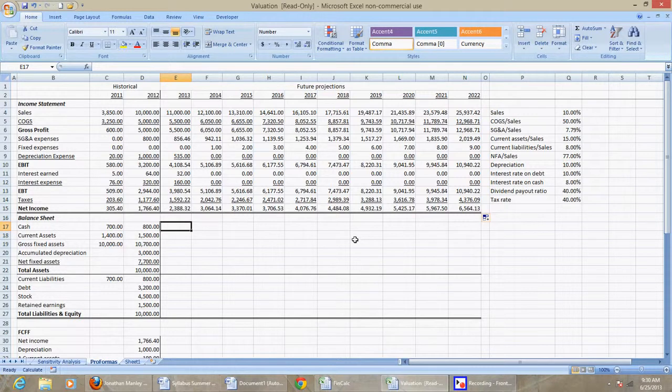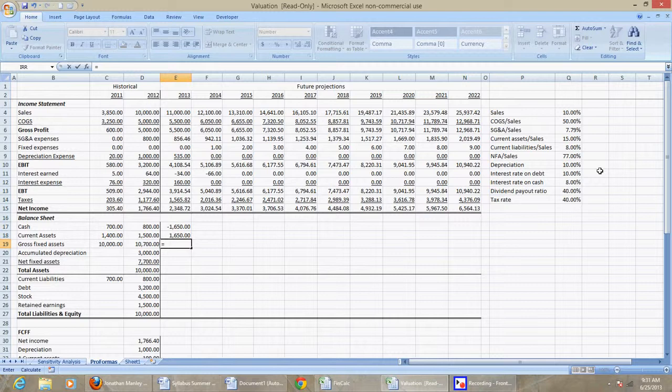So the cash is going to be my plug figure, and we'll see a problem with that in just a second, but the cash is going to be the plug figure, which means it makes the balance sheet balance. So total liabilities and equity minus my net fixed minus my current, and for valuation purposes I'm separating out current assets from cash. Current assets are going to be a percent of sales. Lock that down.